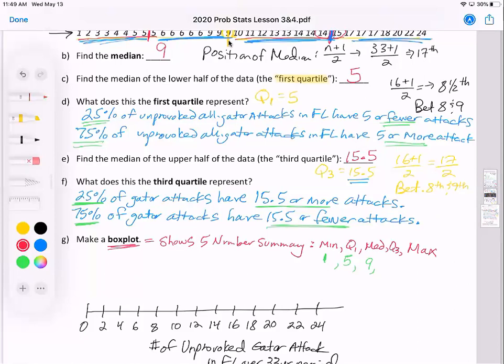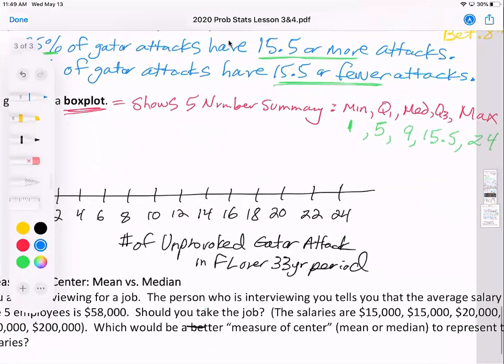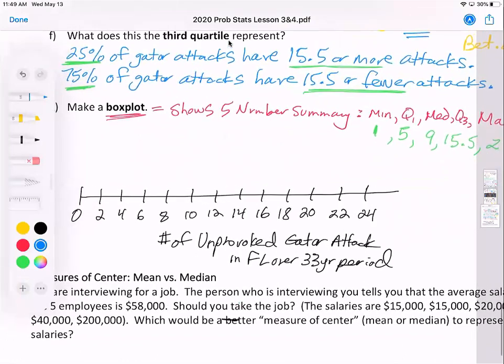Quartile 3 we wrote as 15.5. And the maximum is the highest number, which was 24, the highest number of unprovoked gator attacks. So to create a box plot, we're going to plot those numbers. We're going to put a vertical line at 1.